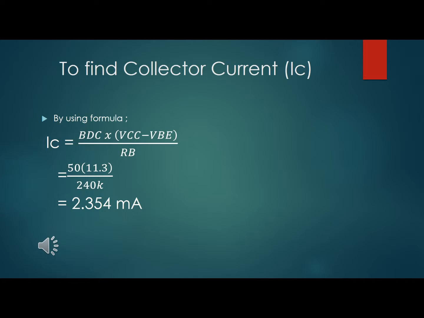To find collector current IC, use the formula IC is equal to beta DC times VCC minus VBE over RB. Substitute the value of beta DC, which is 50, times VCC, which is 12, minus VBE, which is 0.7, we got 11.3, divided by RB, which is 240 kilo ohm, and the answer is 2.354 milliampere.